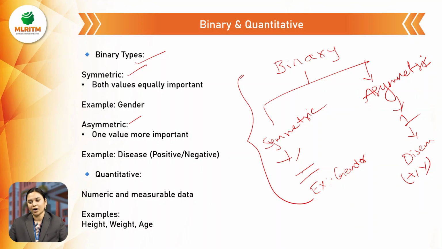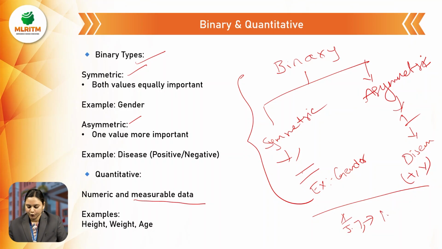And the next one is quantitative. In the quantitative, numeric and measurable data. Numeric means digits, height, for suppose 5.7. This is measurable. That's why quantitative is called measurable data.